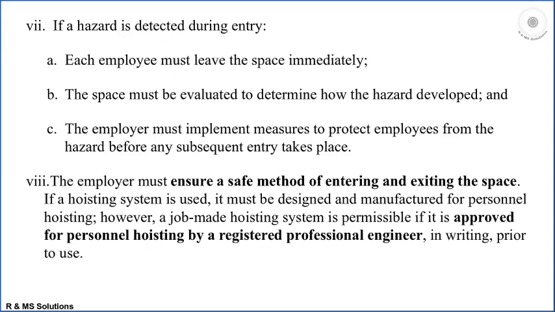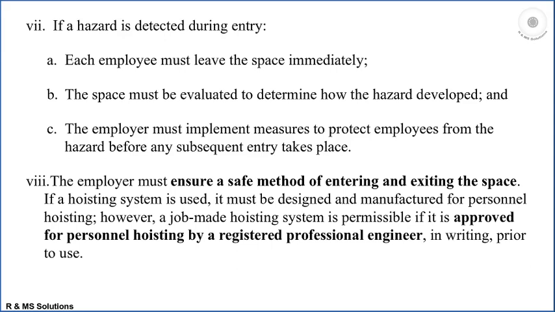Now, ensuring a safe method of entering and exiting the space, this goes across the board. If a hoisting system is used, it has to be approved by a PE, meaning it has to be manufactured, typically. So you can't use a gantry crane or some other type of hoisting device. It has to be designed for personnel hoisting. However, we're still under subparagraph E, which is alternate entry.